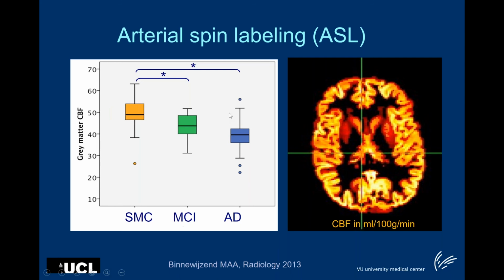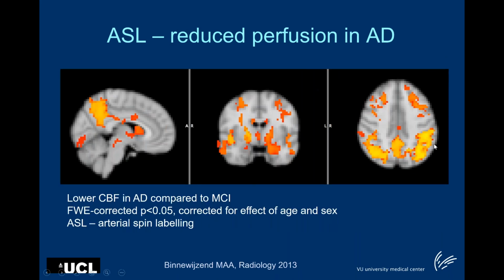So relatively good effect size, but the problem is that there's quite a bit of variability in the brain under normal circumstances, which is poorly understood. On a group level, though, you do see that there are very significant differences between AD and MCI versus controls.